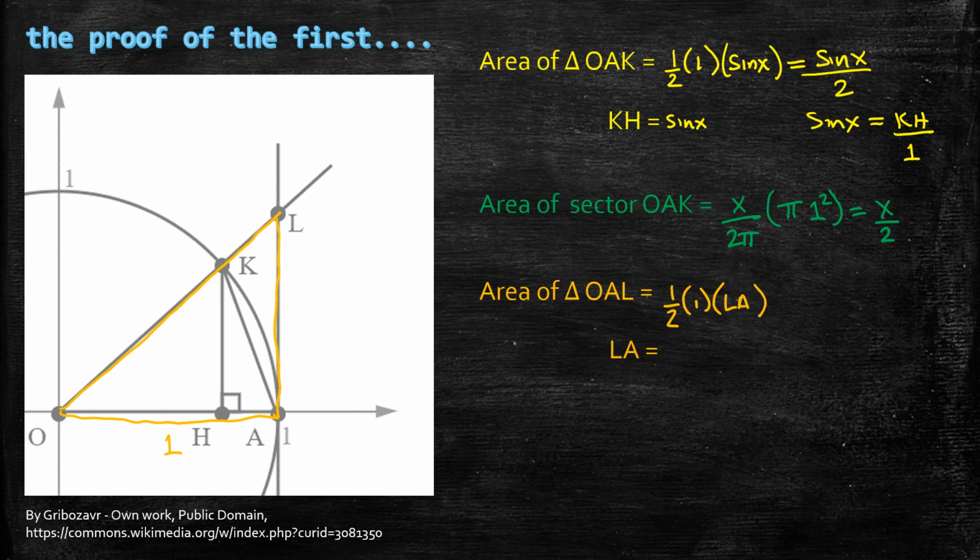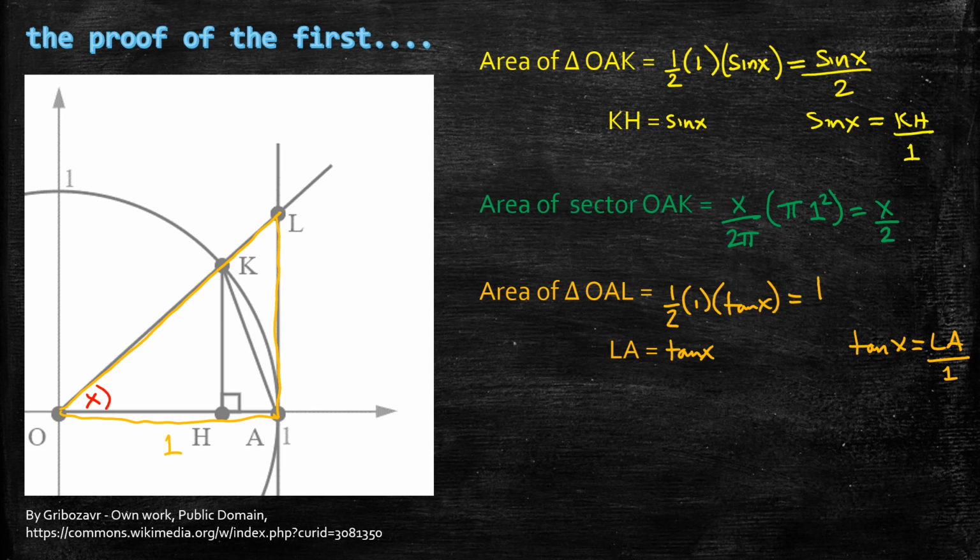So let's call that LA. Once again, remember this is x, so we can use a trig function again. We see that this time the tan of x will equal LA, opposite over adjacent. The adjacent is 1, which tells us that LA is tan x. Let's remove LA from there, and let's just put tan x.